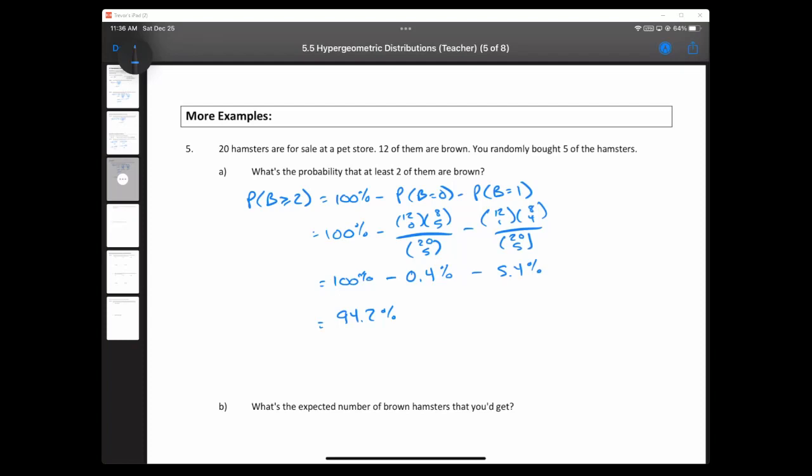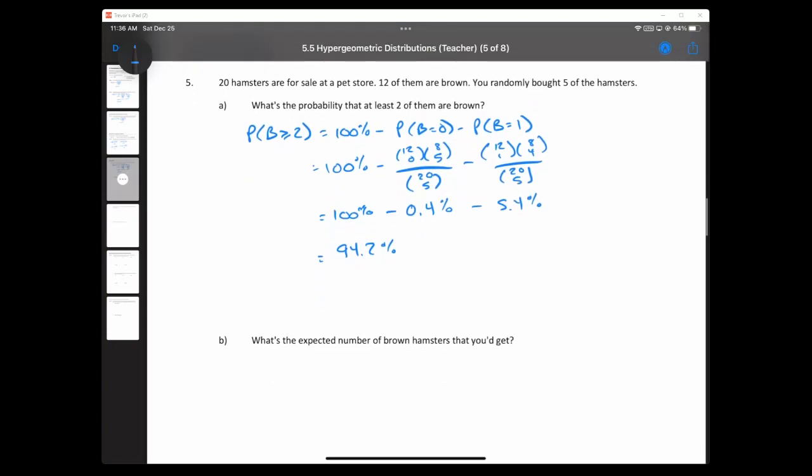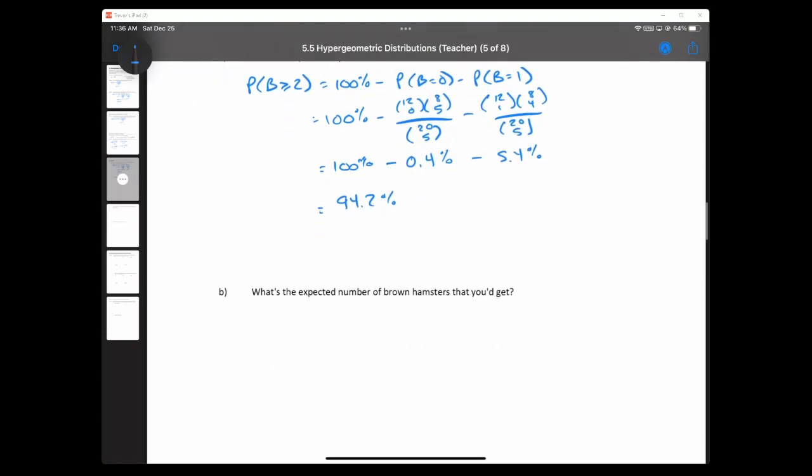I was thinking, we didn't calculate the 2, but we don't need to. We only have to get rid of the 0 and 1, and then we're left with 2 or more. So a very decent probability we'll get at least 2 brown hamsters. What is the expected number of brown hamsters that you'd get? Well, you're doing 5 trials.